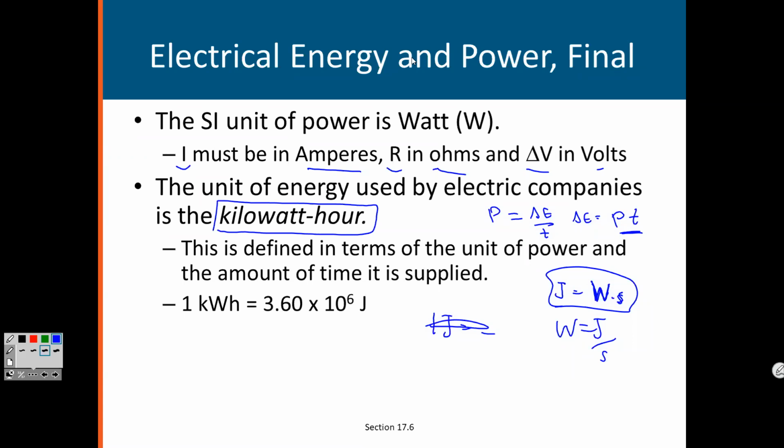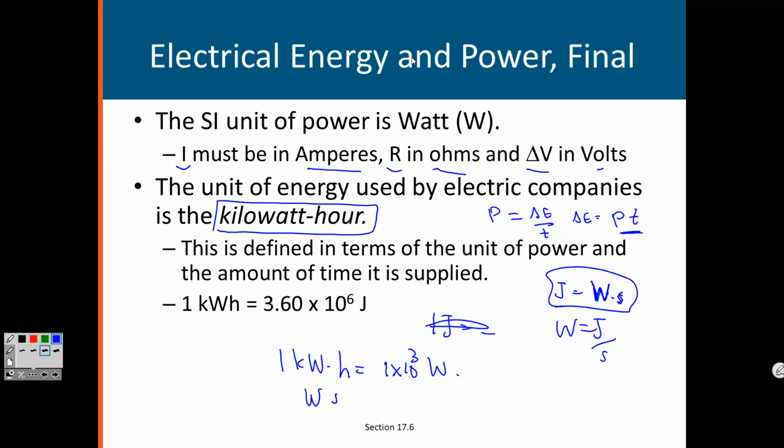So now what is 1 kilowatt hour equal to? We need to convert it into watt second, right? Kilowatt means 10 to the power 3 watt. An hour means how many seconds?